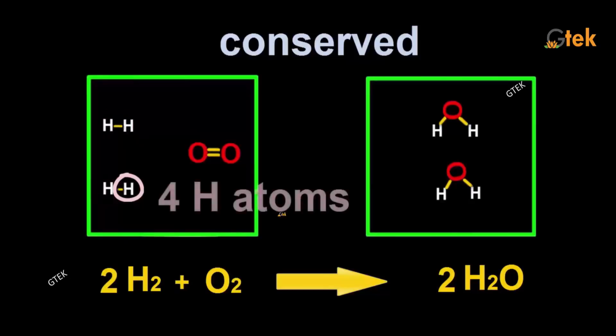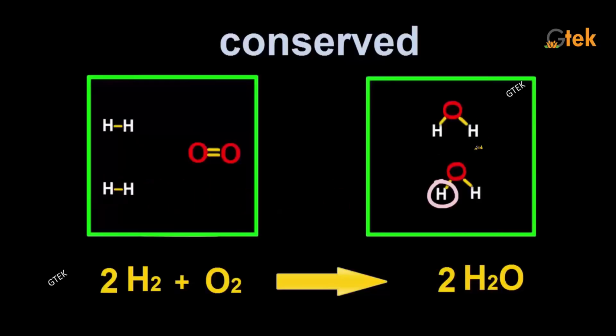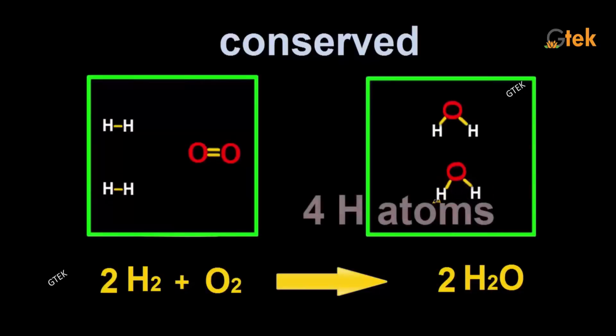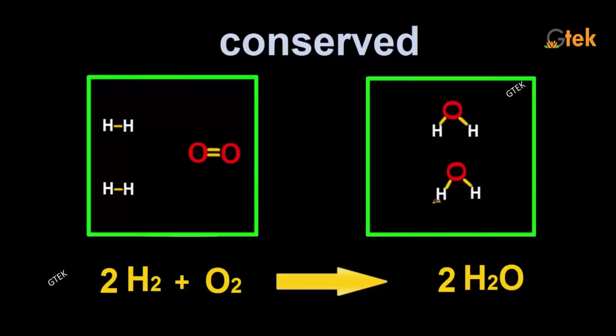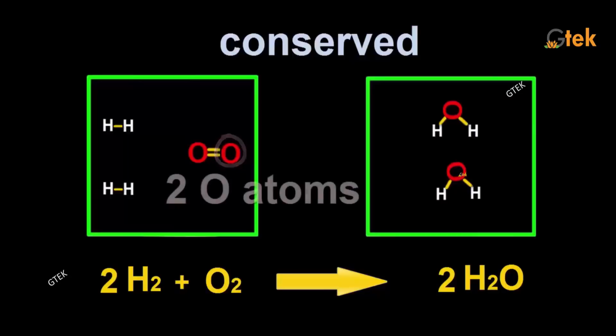So you are able to see 4 hydrogen atoms are there, and let me check it out. 1, 2, 3, 4. Obviously we got 4 hydrogen here too. Then what about oxygen? 1, 2. Here 1, 2. 2 oxygen atoms at both ends.